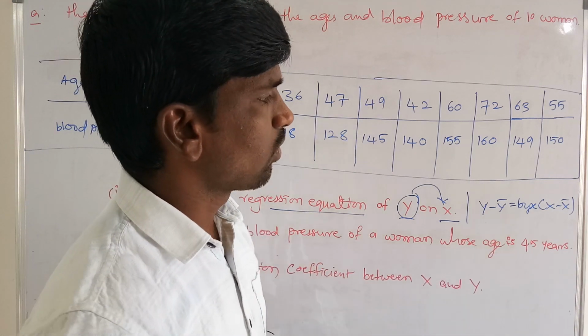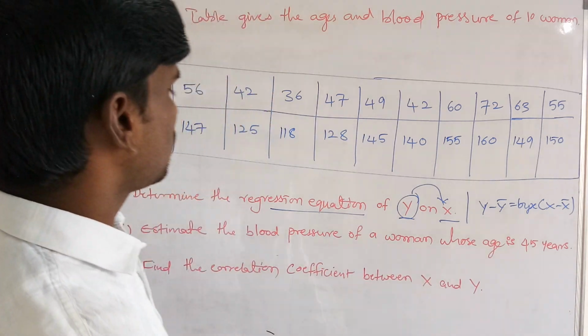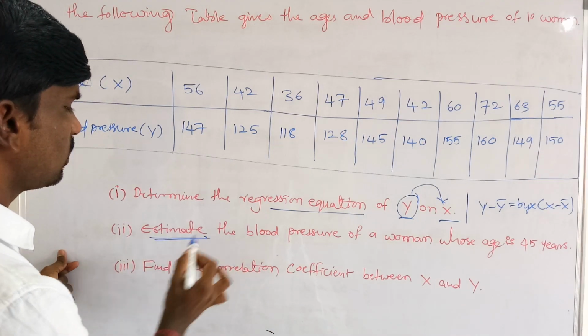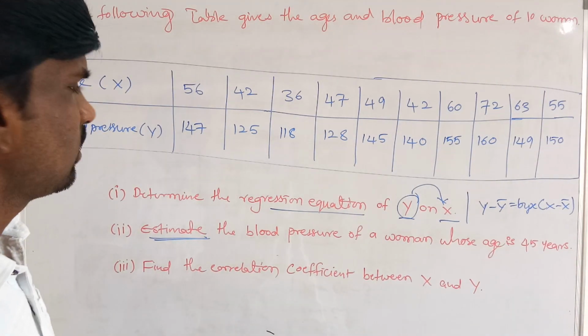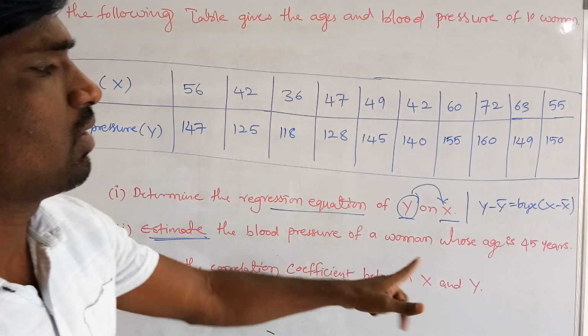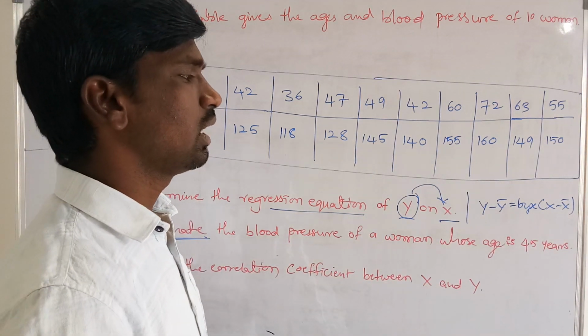Whose age is 45 years. Here we have to estimate, or forecast, the blood pressure of a woman whose age is 45 years.